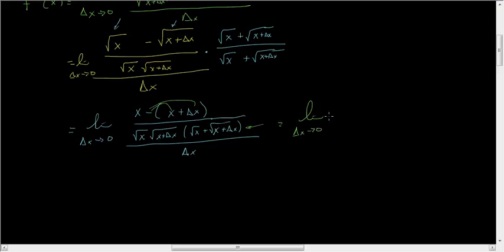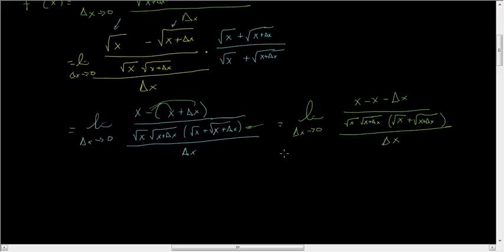If I do that, I get x minus x minus delta x all over root x plus delta x times root x plus delta x, all over delta x.